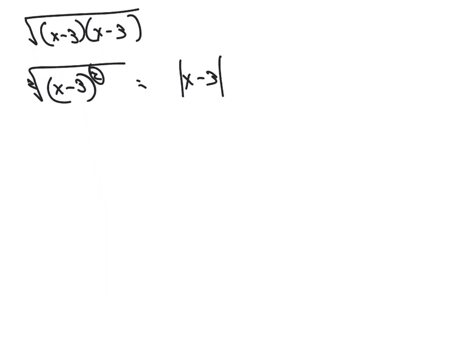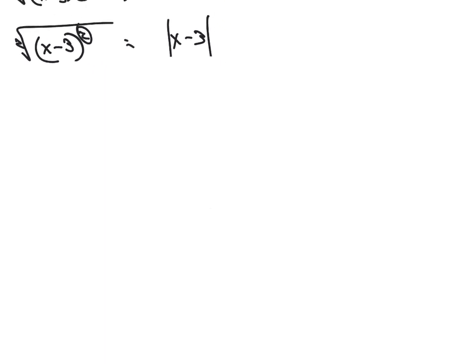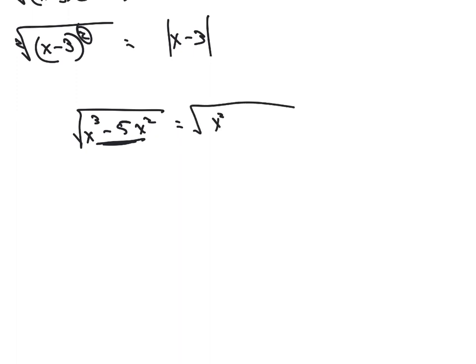Same is true with number 14, where I have x cubed minus 5x squared, and it's under a square root sign. What do I get here? I can look at this and factor out an x squared, and I'm left with an x minus 5 in the parentheses. All I did was factor out an x squared and keep what I have left.